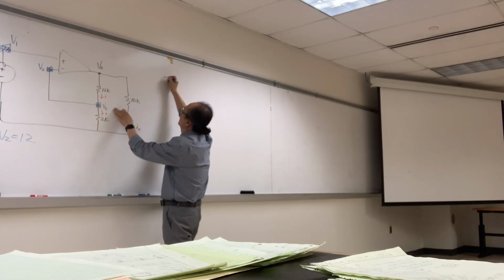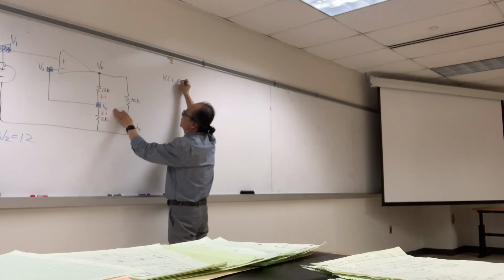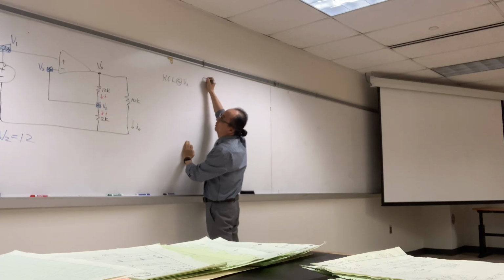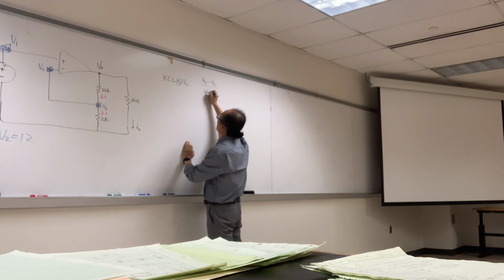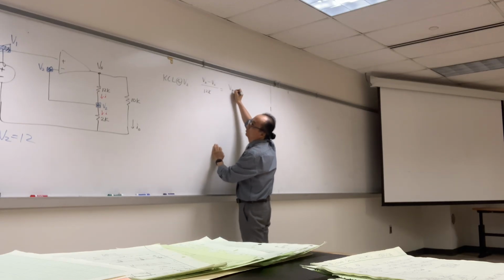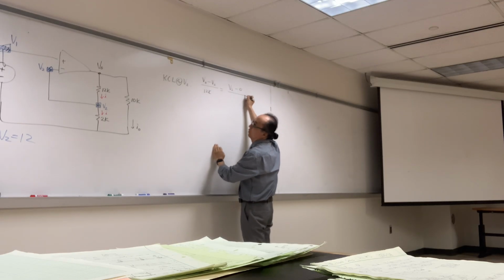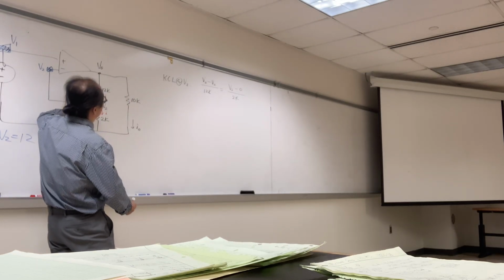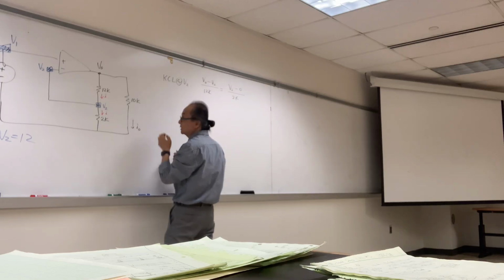So let's do KCL, the nodal analysis at V2. Entering: V0 minus V2 over 12K equals leaving: V2 minus 0 over 2K. I just did the KCL at V2 right there. And V2 we set to 12.